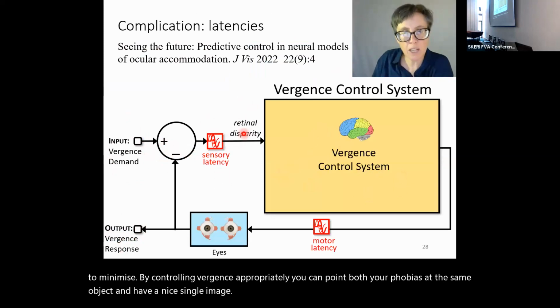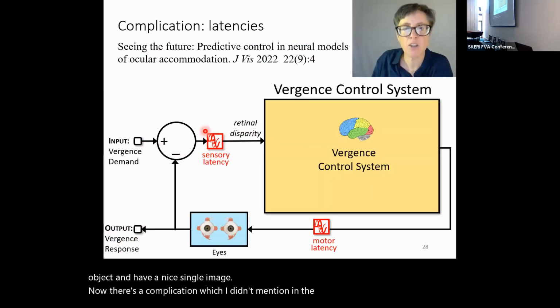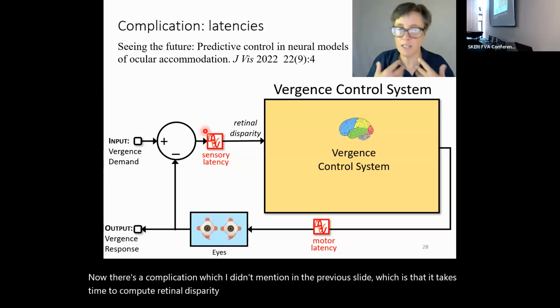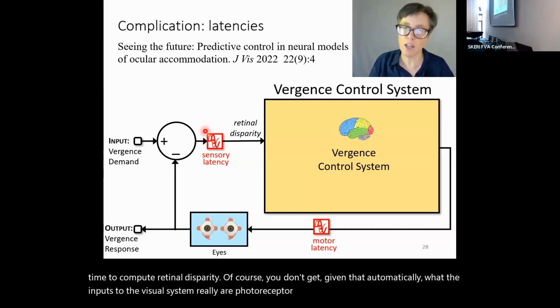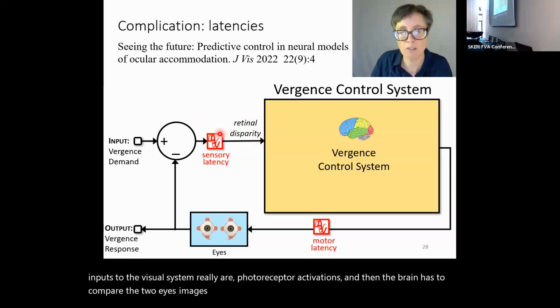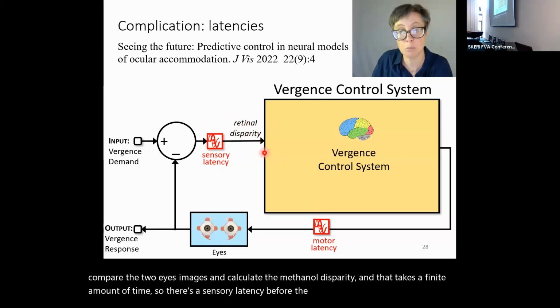Now there's a complication which I didn't mention in the previous slide, which is that it takes time to compute retinal disparity. Of course, you don't get given that automatically. The inputs to the visual system really are photoreceptor activations, and then the brain has to compare the two eyes' images and calculate the retinal disparity, and that takes a finite amount of time. So there's a sensory latency before the disparity error signal becomes available to the Vergence control system.